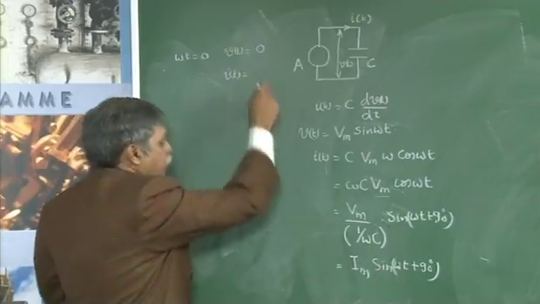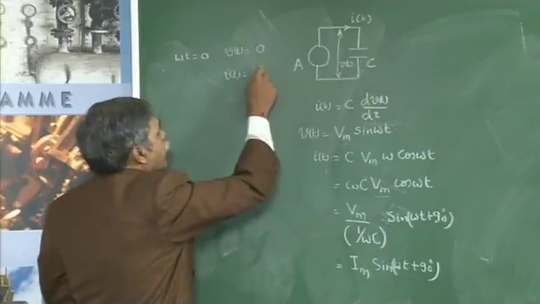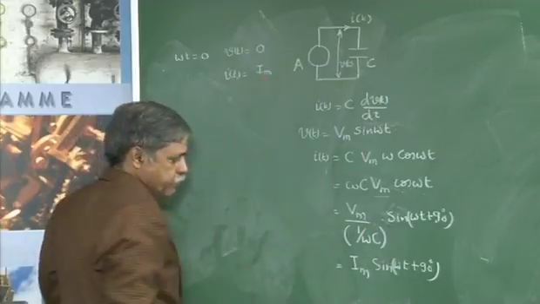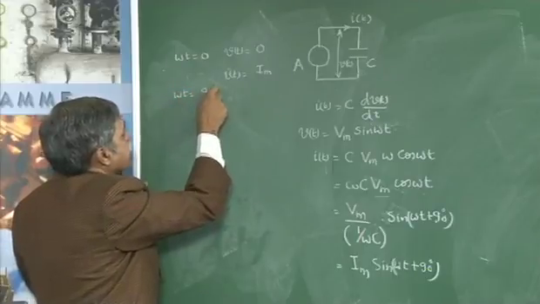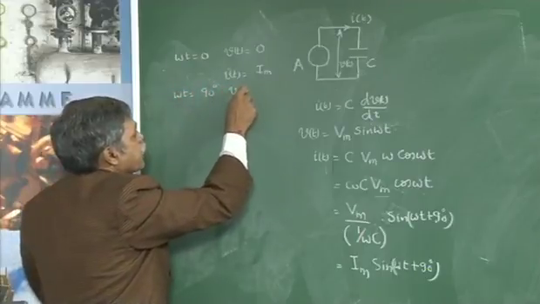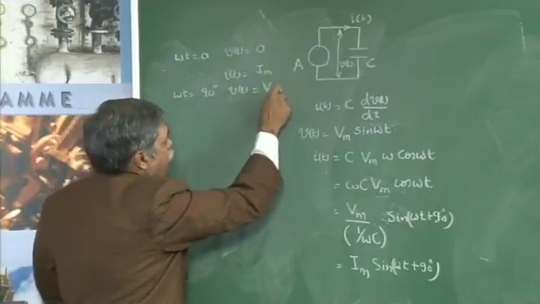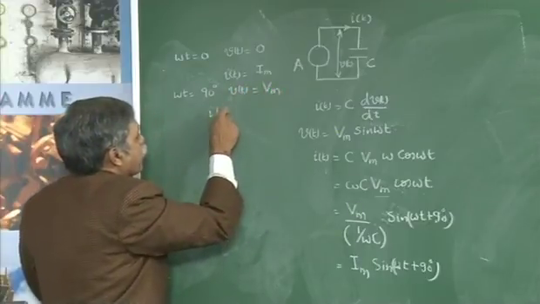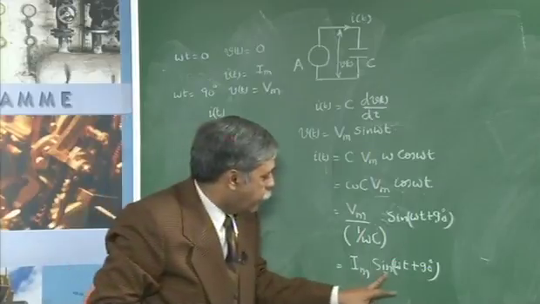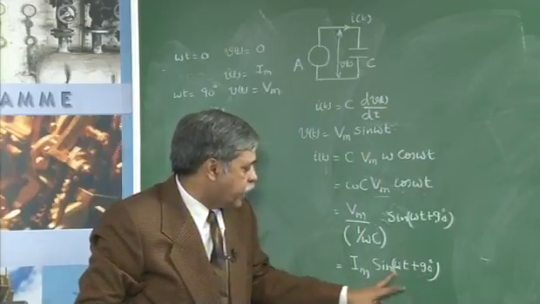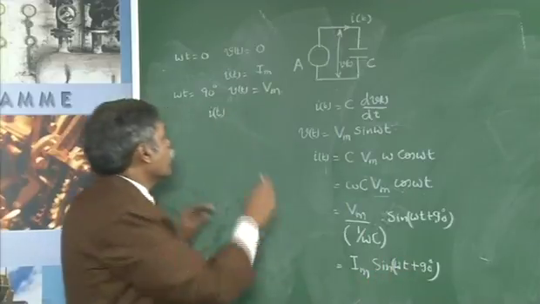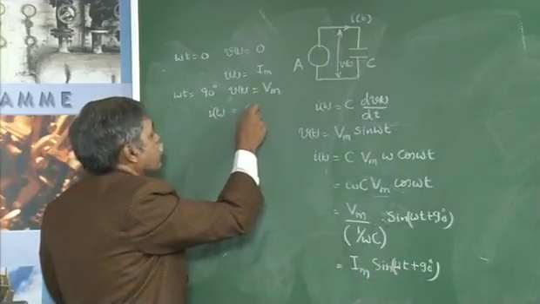Therefore, sin 90 is 1, I get a maximum value for the current. Similarly, when omega t is equal to 90 degrees, the voltage v of t is at its maximum value and the current i of t is equal to Im sin of 90 plus 90, that is 180, sin 180 is 0, therefore i of t is equal to 0.